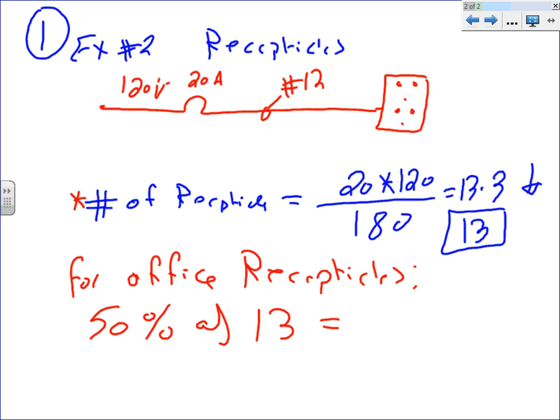What's 50% of 13? 6.5. And obviously you don't have 6.5, so you're going to go down to 6. This is how the number 6 came to be, at least.